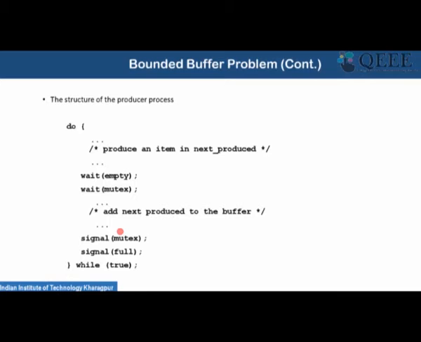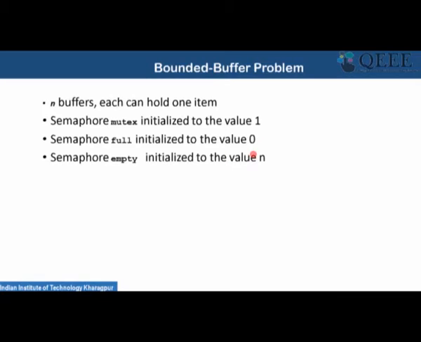get access to this critical section. Once the critical section is executed, the producer calls signal on the semaphore mutex, which makes the value of mutex 1 again, and another process can enter the critical section. Now the producer process waits on the empty semaphore, which is initialized to n.